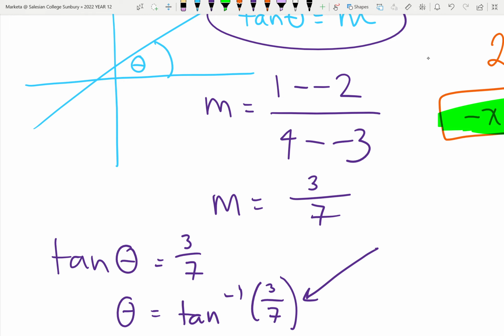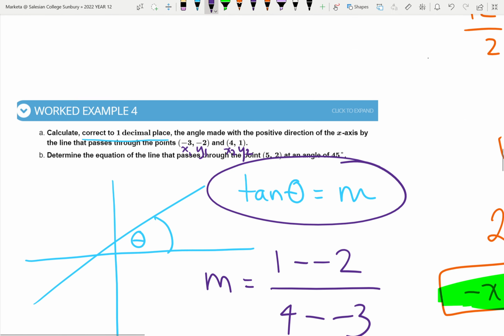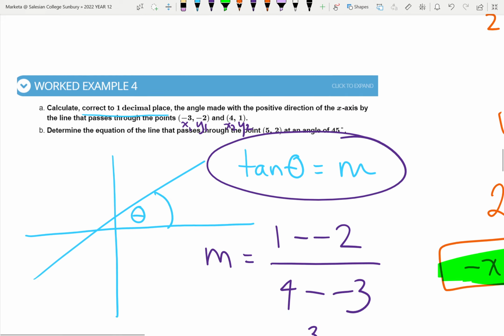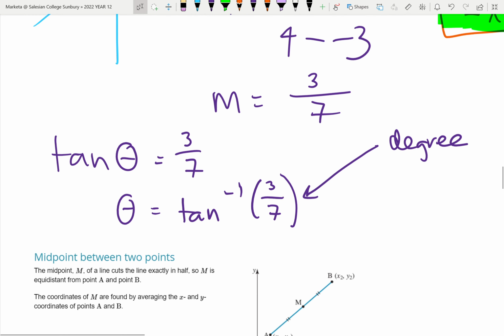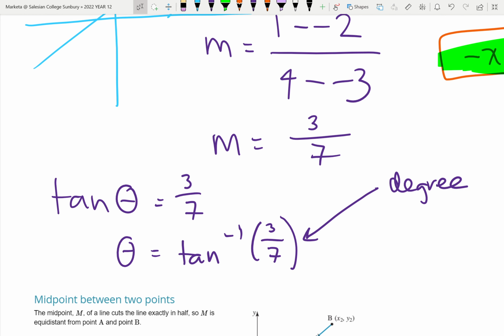And you want to make sure that your CAS is in degree mode for this one. We often use radians for year 12 methods, but for this they're asking in degrees. To one decimal place, they'll be asking for degrees there. And secondly, we're using decimals, so you can put it into decimal mode there.